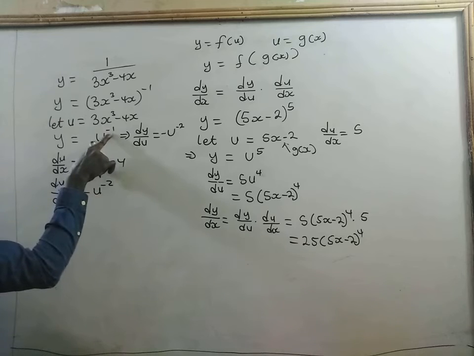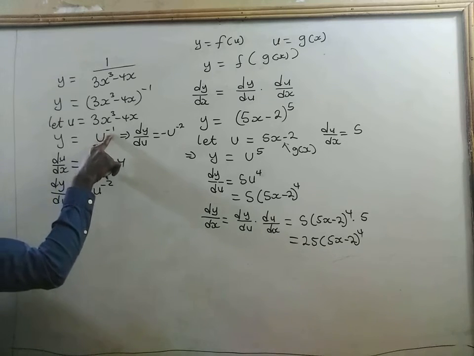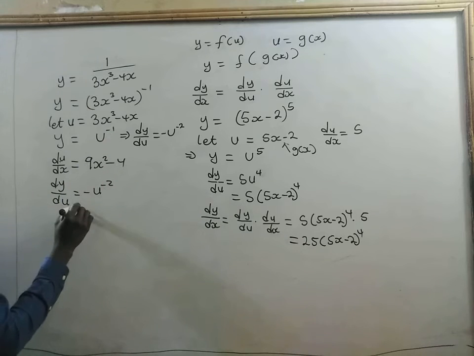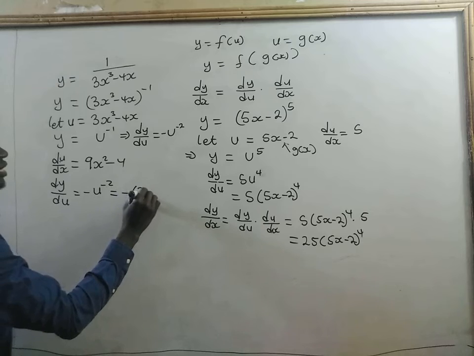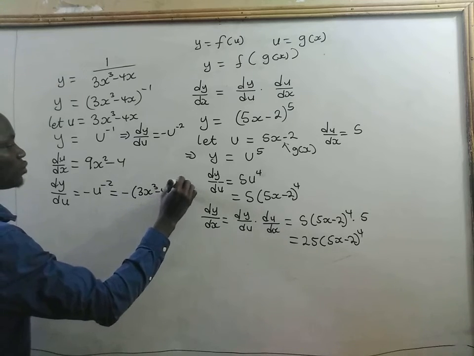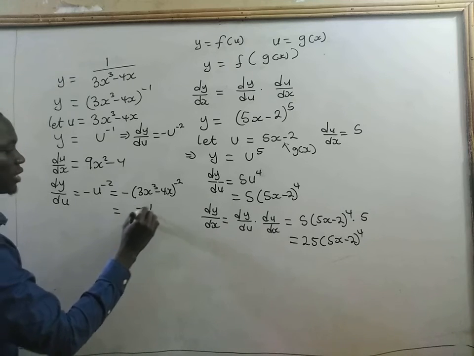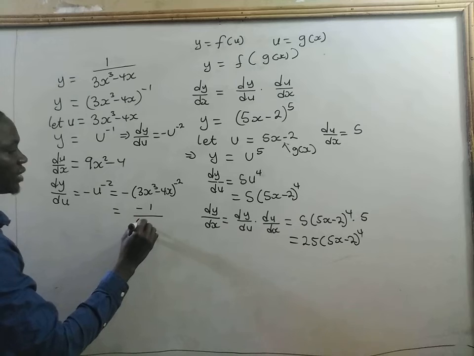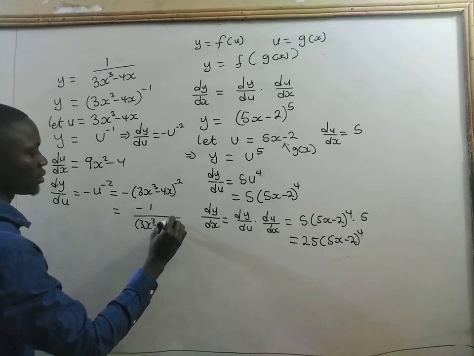That is negative 1 times u gives us negative u, and if we subtract 1 from negative 1, we get negative 2. This is the same as negative into bracket 3x cubed minus 4x to the power negative 2, which is the same as negative 1 divided by 3x cubed minus 4x squared.